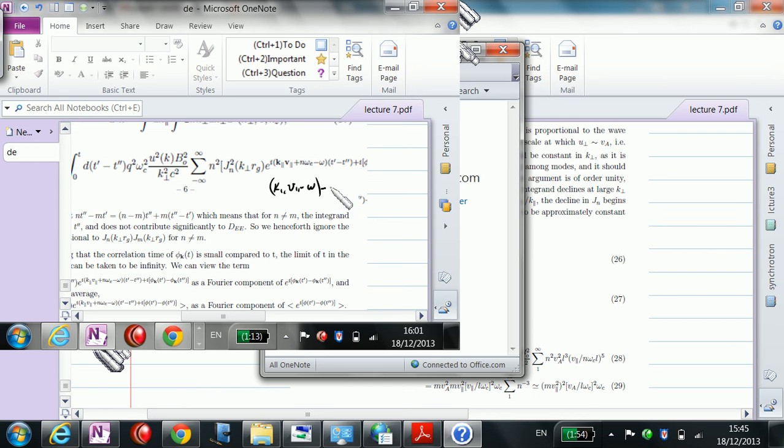And then you can have a cyclotron resonance, a cyclotron term. So you can have a resonance if this is equal to, let me write it this way, the frequency in the frame of the wave is omega minus kV.